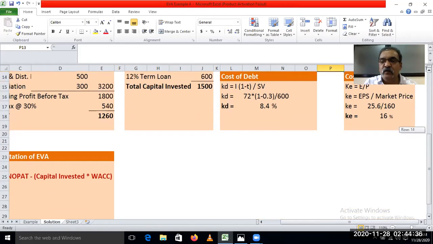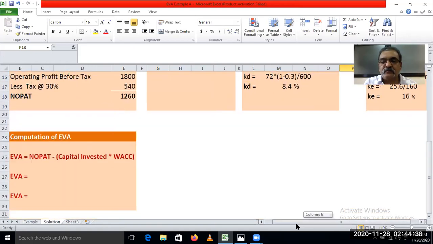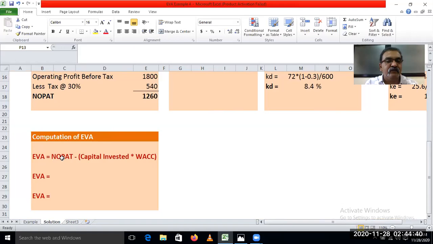Now let us move to calculate EVA. EVA is equal to net operating profit after tax minus bracket capital invested into weighted average cost of capital.